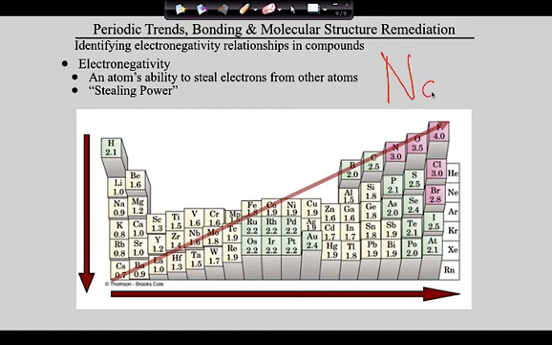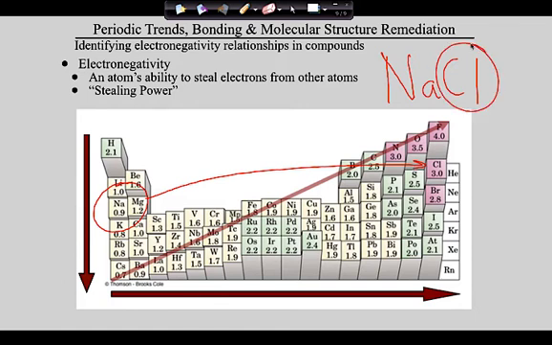Looking at the next example that we looked at previously, take a look at sodium chloride. Sodium is on the left, chlorine is far to the right, so we would expect chlorine to be stronger. But again, if you don't remember the trends, sodium off of our periodic table has an electronegativity of 0.83. Notice these numbers are different than the one on the table, and that's fine. Chlorine has an electronegativity of 3.16, telling us that chlorine is more electronegative than sodium.